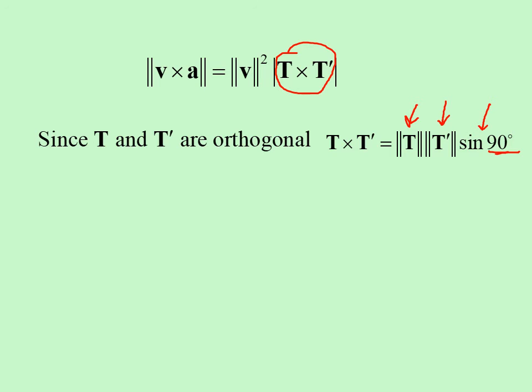Okay, the sine of 90 degrees is 1, the magnitude of T is 1, and so we end up with just the magnitude of T prime, and we can replace that T cross T prime with just the magnitude of T prime.